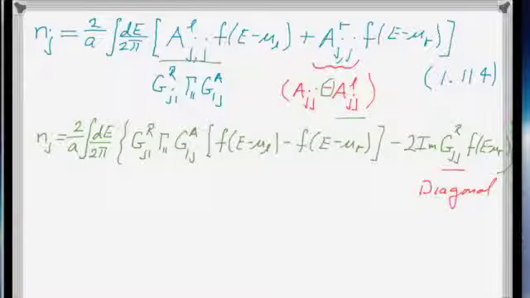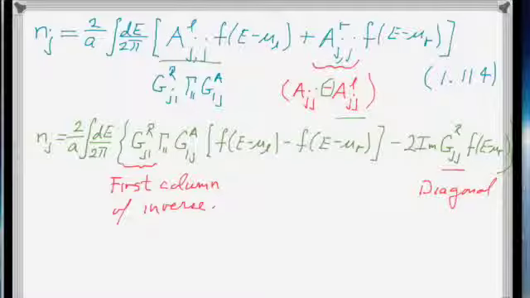And over here, we need the first column of the inverse. Later we'll show a recursive Green function algorithm that will allow you to get these elements, and only these elements, very efficiently.